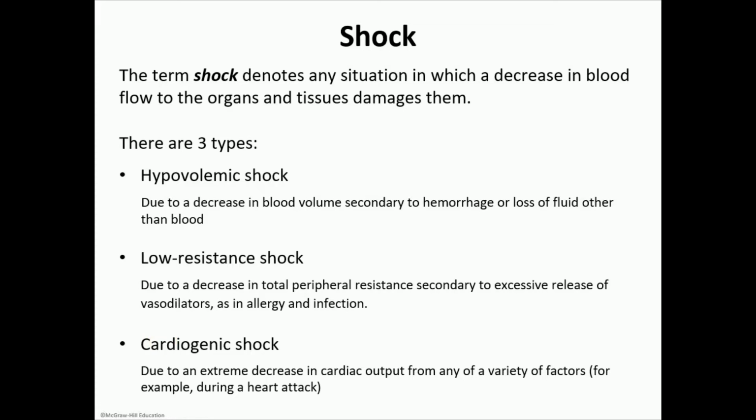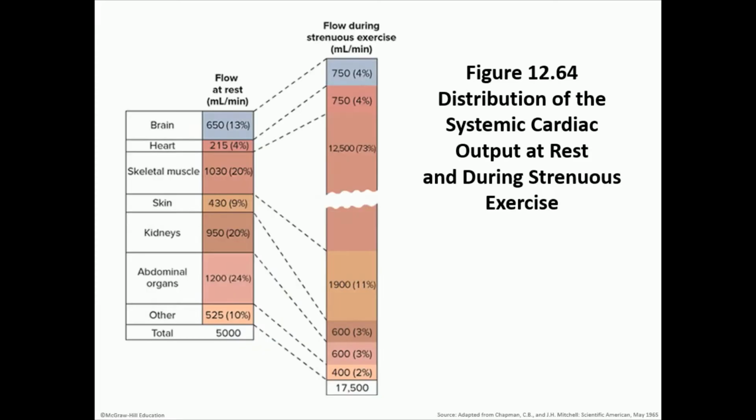So it could be due to heart failure, somebody that had a heart attack, or myocardial infarction. And so shock is really a severe hypotension that led to a massive decrease in the blood flow to the important tissues, and sometimes may even lead to tissue damage.